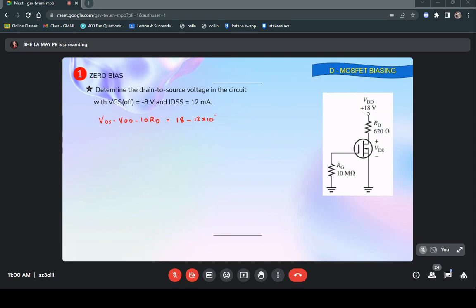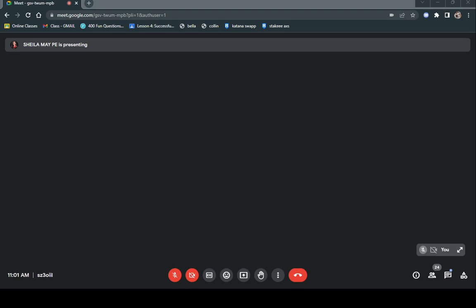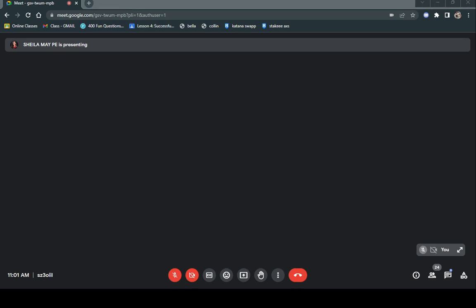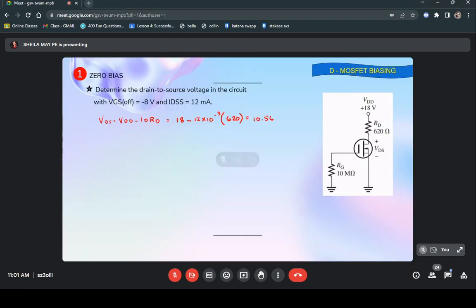So that's 12 times 10 to the negative 3. RD is 620. So this is 10.56 volts.